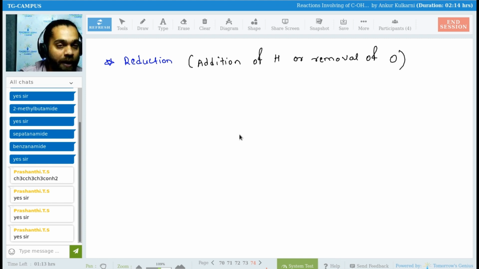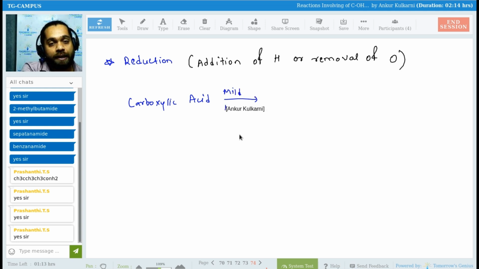So whenever you have acids, we are doing the reactions of acids. Whenever you have carboxylic acids, write it down. If I have a carboxylic acid and I reduce it with a mild reducing agent, what will I get from the carboxylic acid?